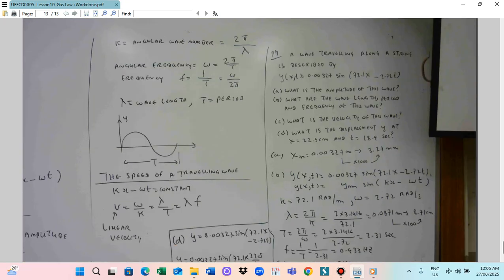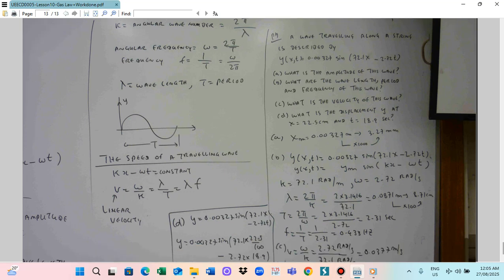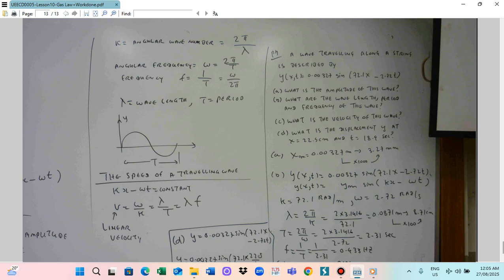And therefore, we can also calculate the angular wave number k. So k is the angular wave number. Angular wave number is equal to 2 pi divided by lambda, where lambda is the wavelength. So with 2 pi divided by lambda, you can calculate the angular wave number.